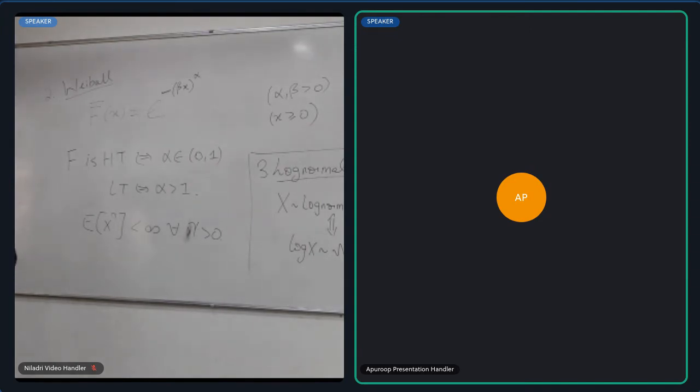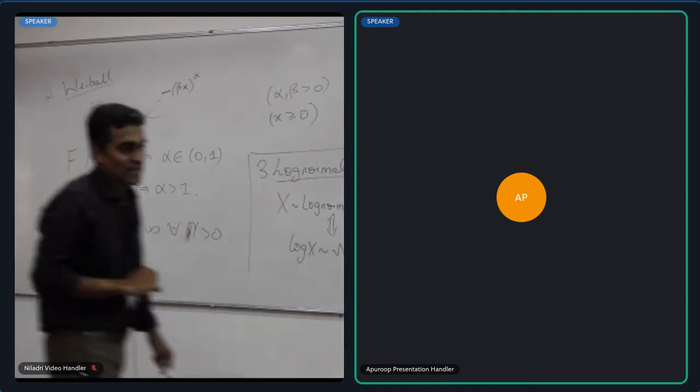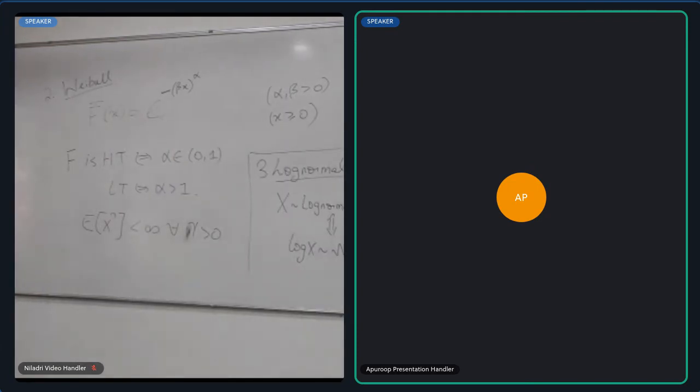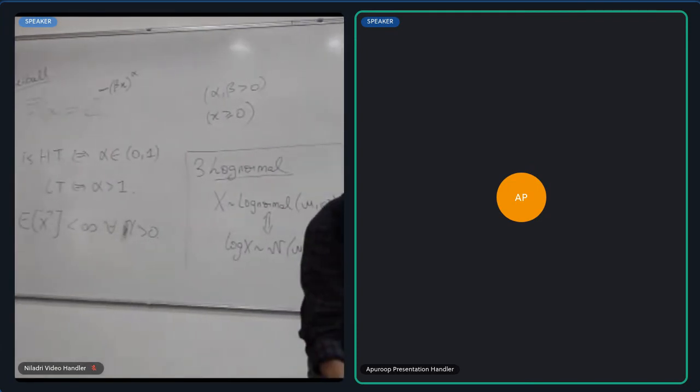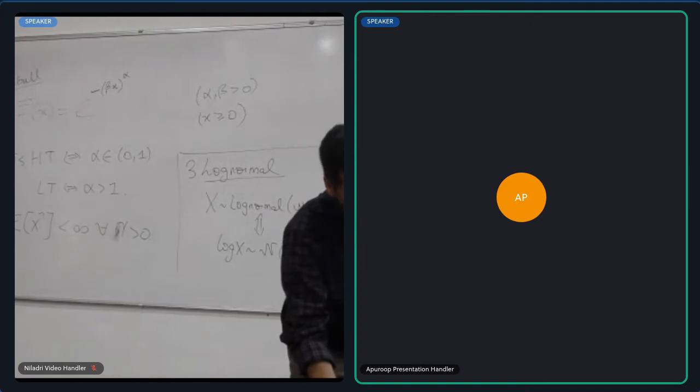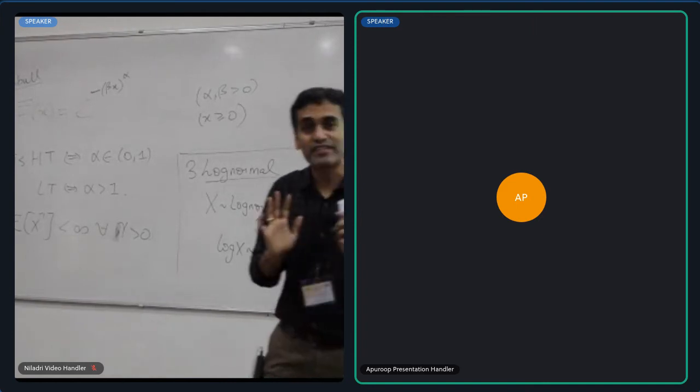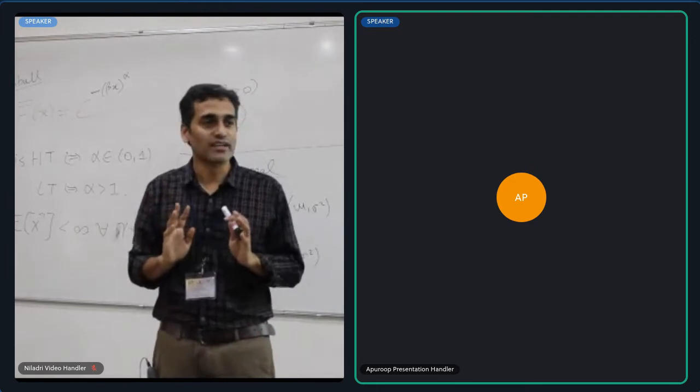It's not too difficult to convince yourself that that is going to result in this being a heavy tail distribution. Like the Weibull, all polynomial moments of the log normal are also finite. Those are the basic definitions of heavy tail and examples so far. Is everybody with me?